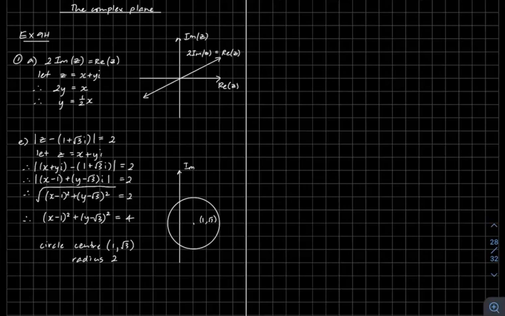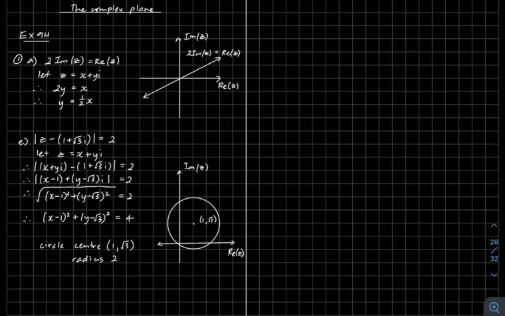And root 3 will be a little bit further above the real axis. So there it is, a circle, center 1, root 3 and radius of 2.